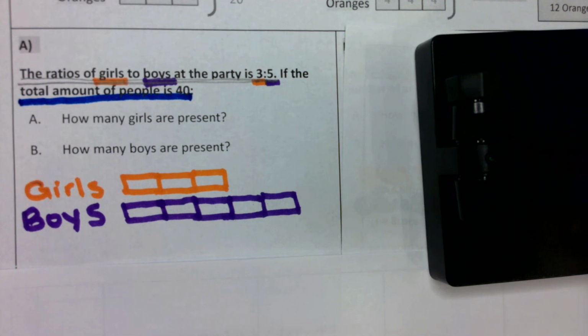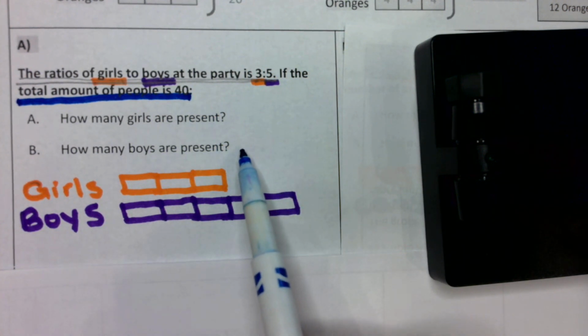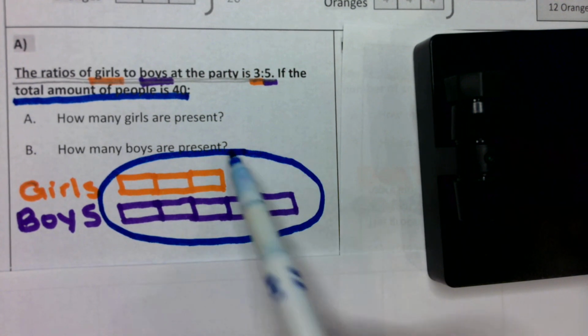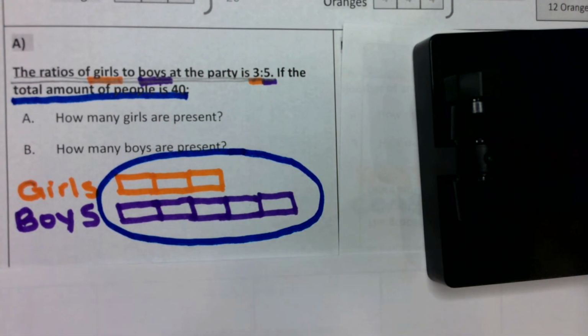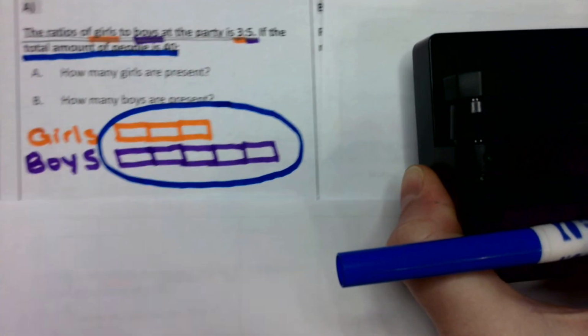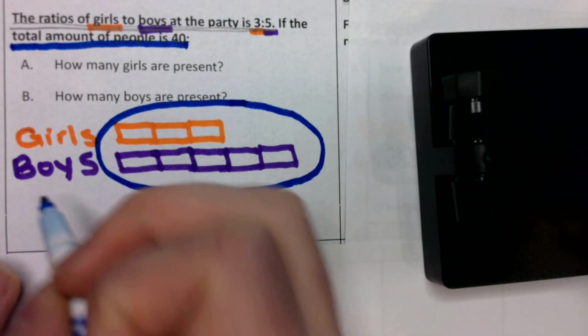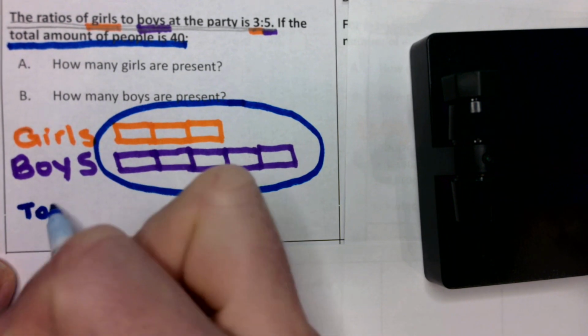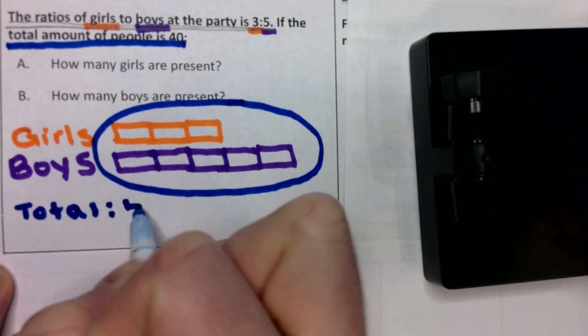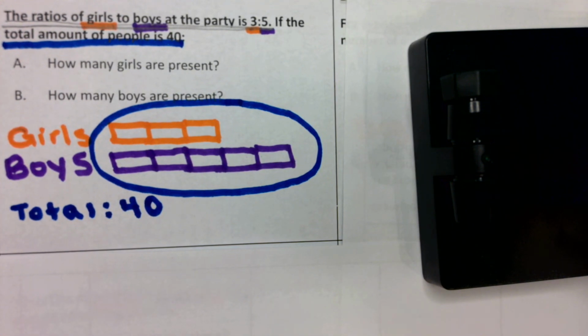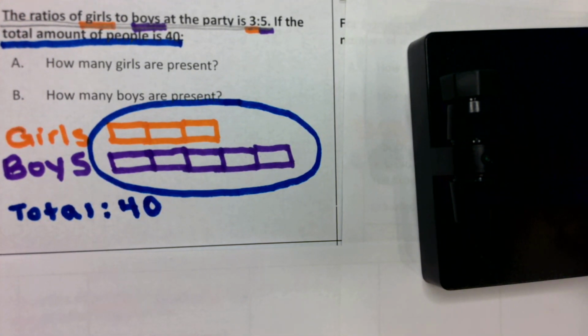Okay, so if we want to label the total, I'm going to circle all of my boxes, because I know that the total represents all of them. Underneath my circle, I'm going to go ahead and label total 40.